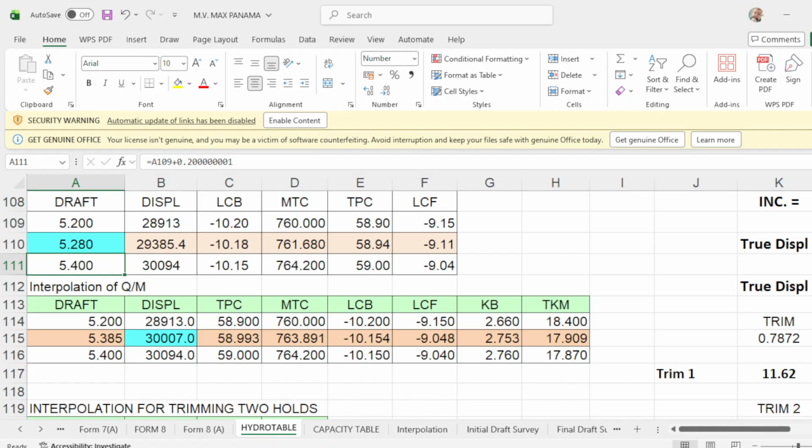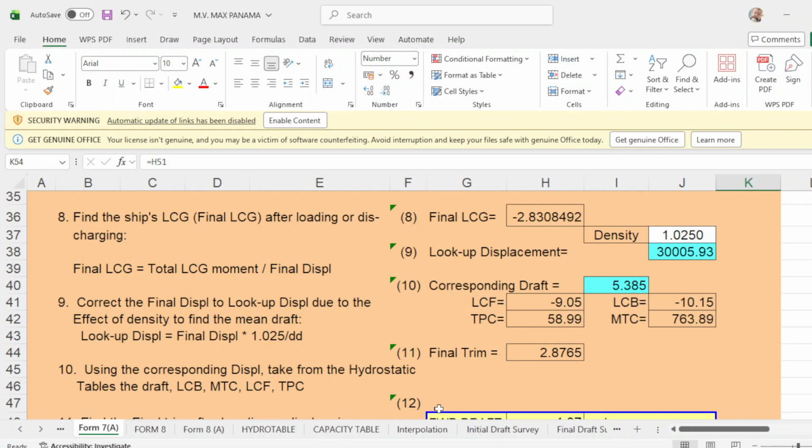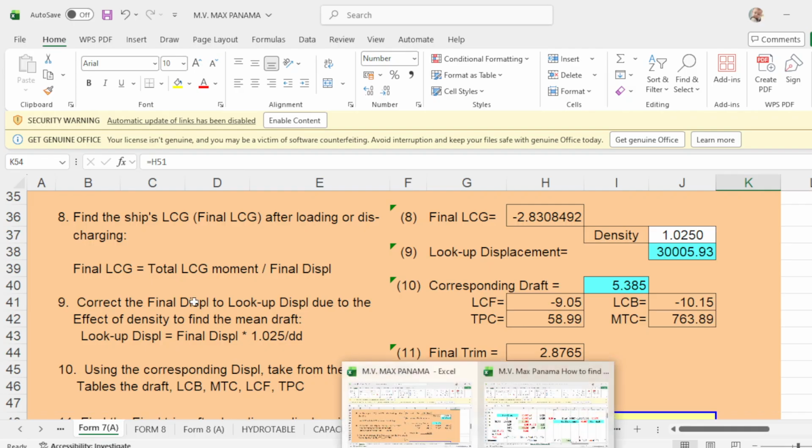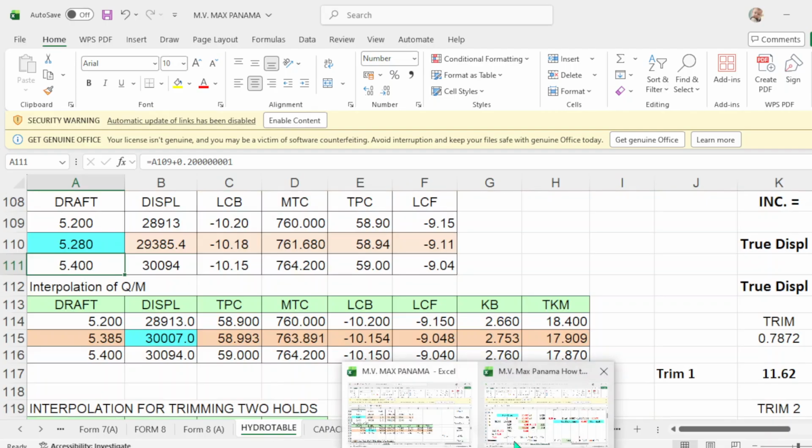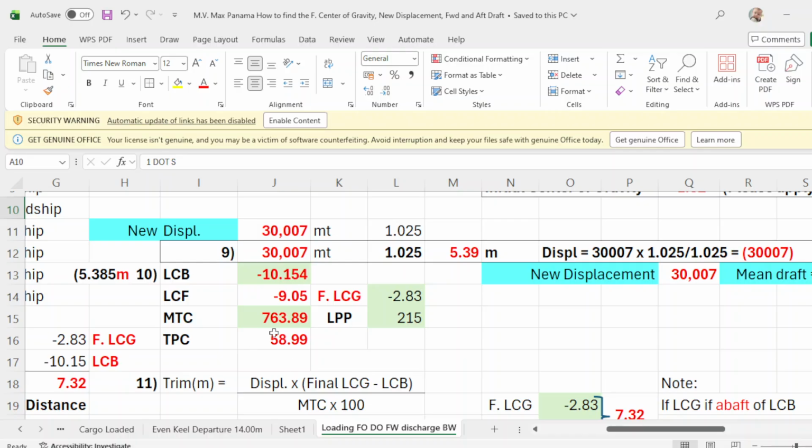Okay, then the last one would be MTC of 763.89. MTC is 763.89, and the manual MTC is 763.89. Your final LCG is negative 2.83, and your LPP is 215. That is number 10.